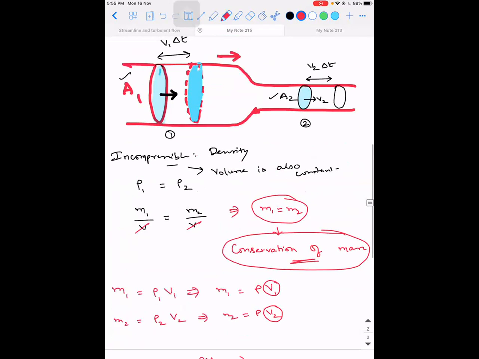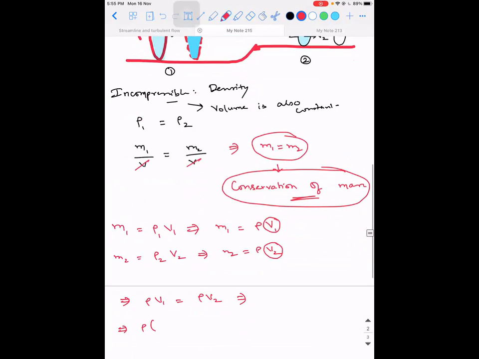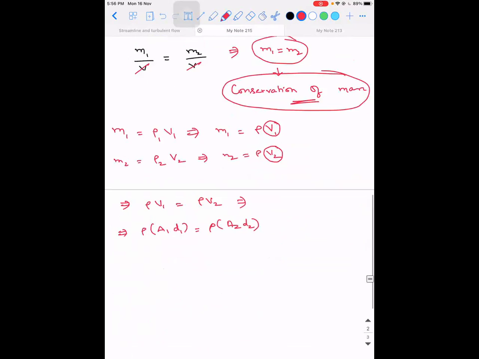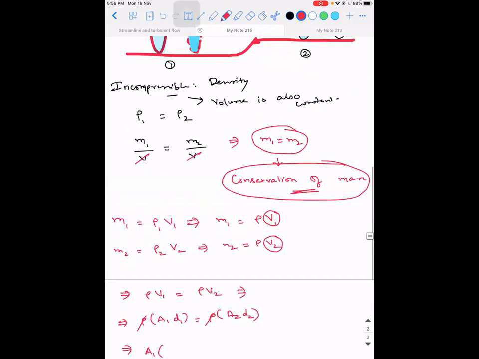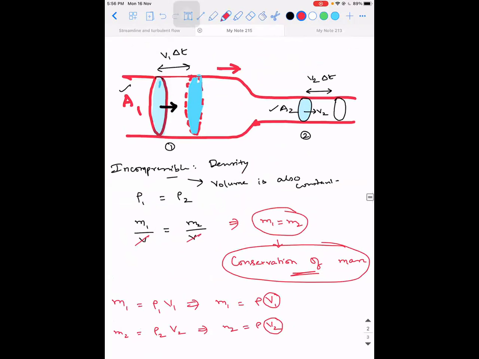So what is volume at point 1? It is area into thickness, that is A1 into D1, is equal to rho into A2 into D2. So from this, rho will get cancelled. A1 into, what is the distance traveled by this liquid layer in time del T?